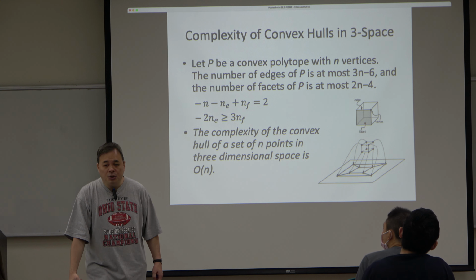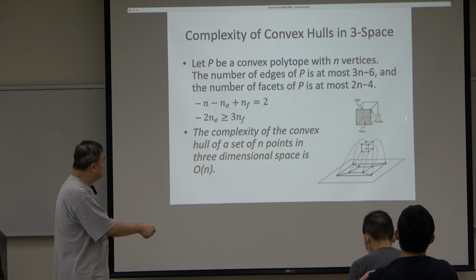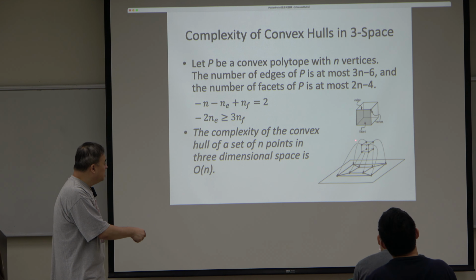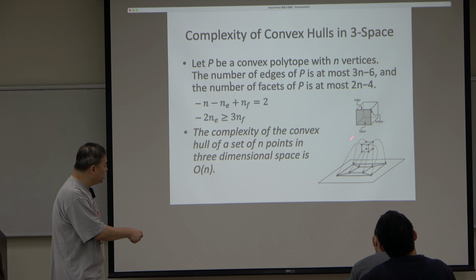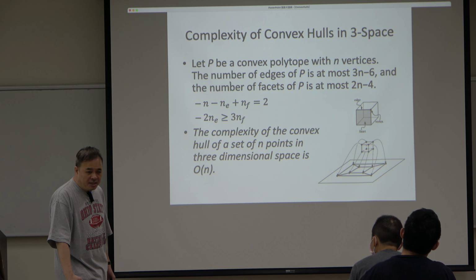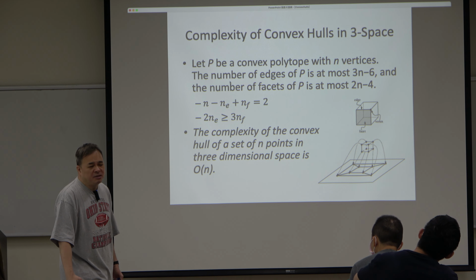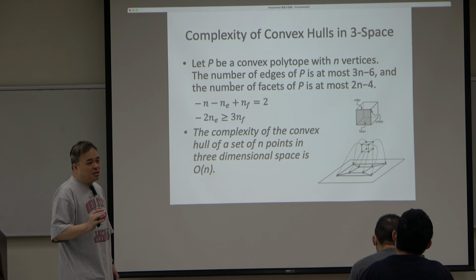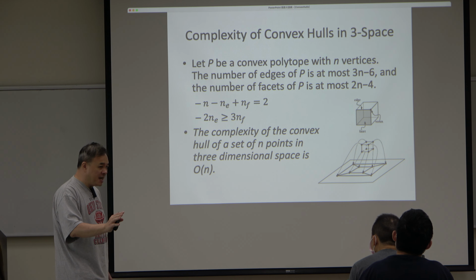This is not just for the cube; this is the case for any polytope. You can do some experiments. Of course, here I'm not offering you a formal proof of that.